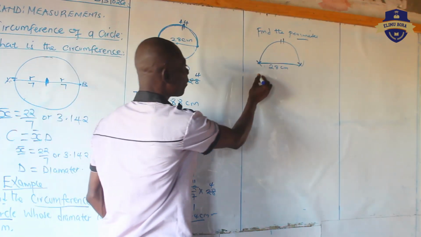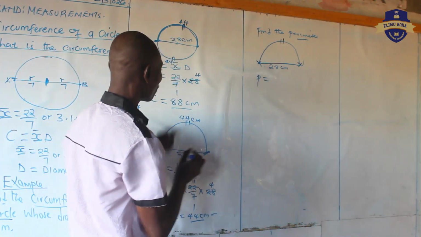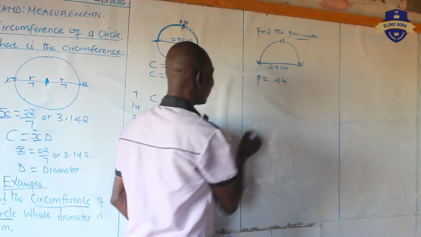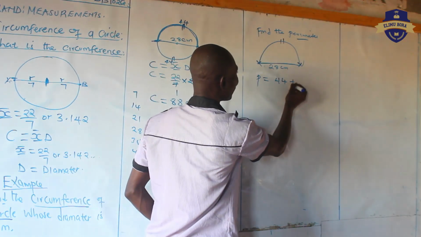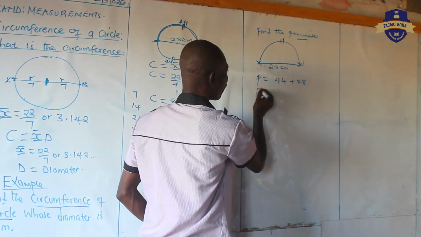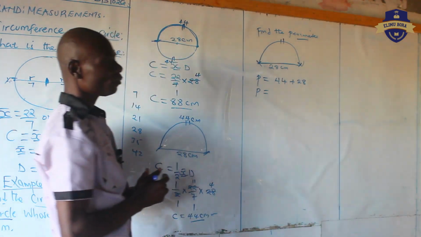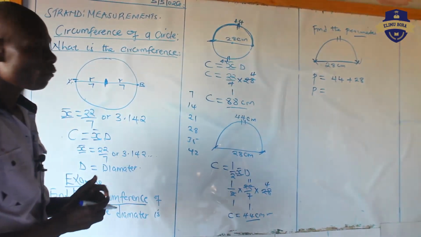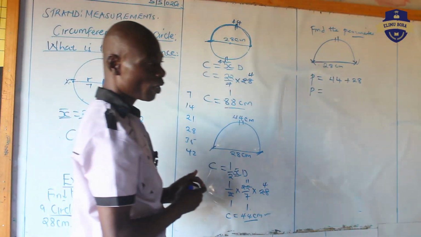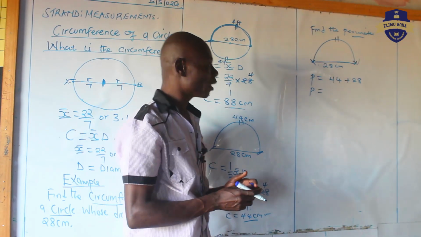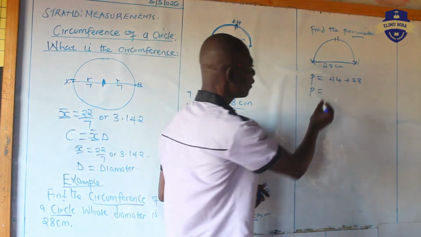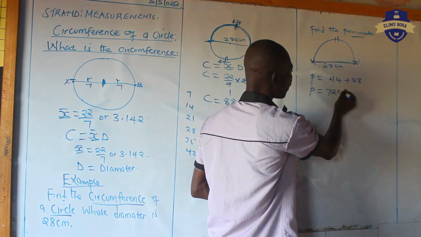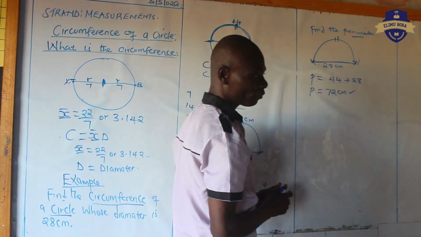Now what about perimeter? Perimeter will be that curved line 44 plus the diameter line 28. 44 plus 28, what do you get? 72 centimeters. Now this is perimeter.